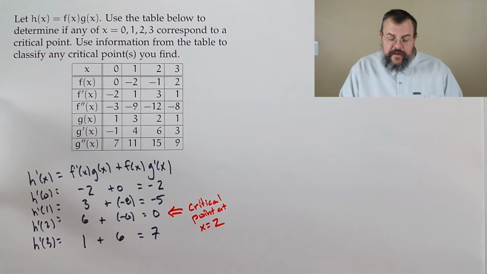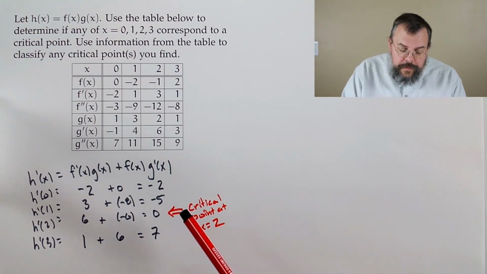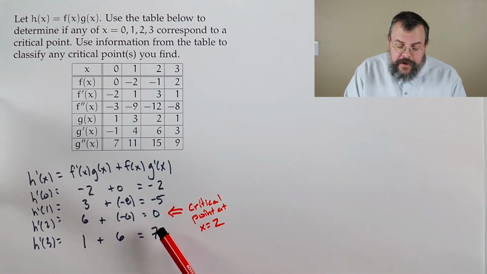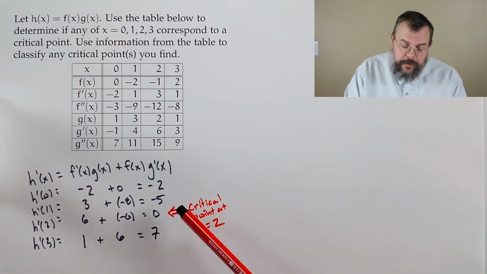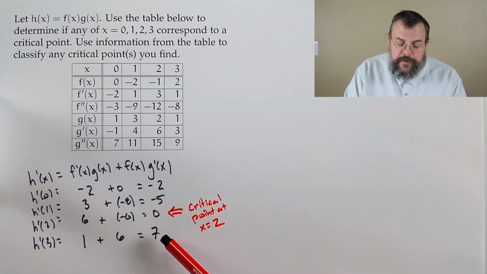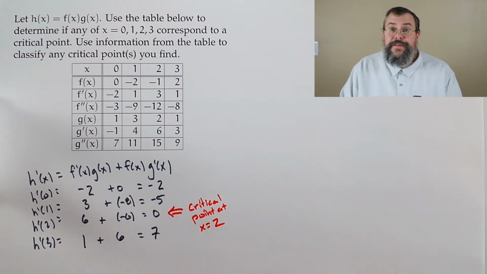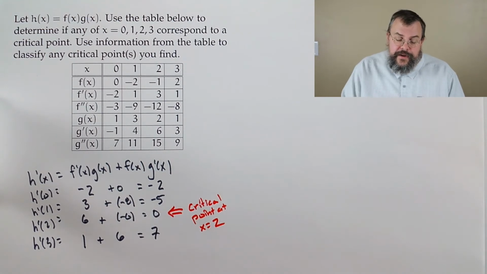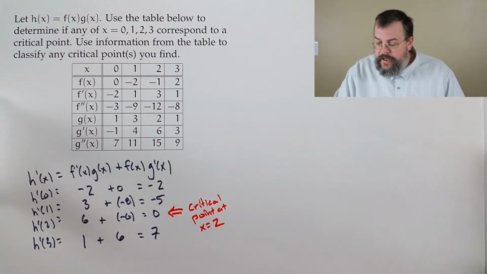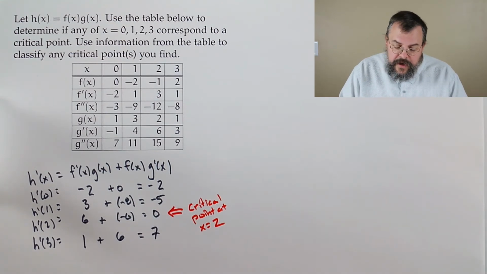Now you might look at this and say, hey, below 2 we're decreasing, and above 2 we're increasing, right? Because when I plug in 1, I got a negative derivative, and when I plugged in 3, I got a positive derivative. So it looks like we're going down, then up.